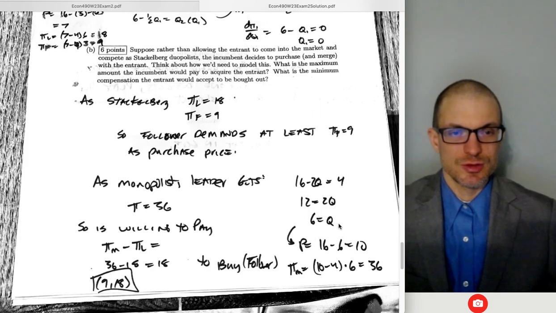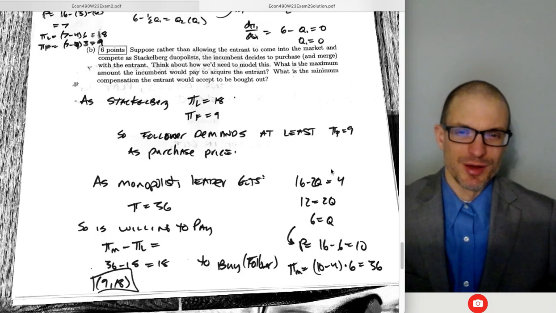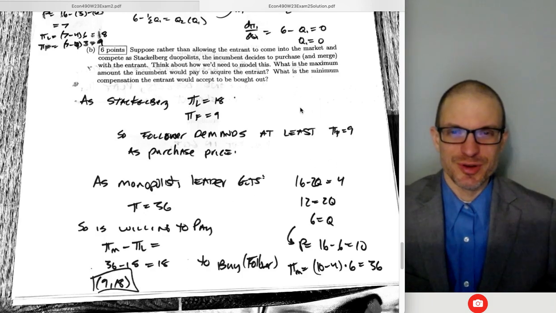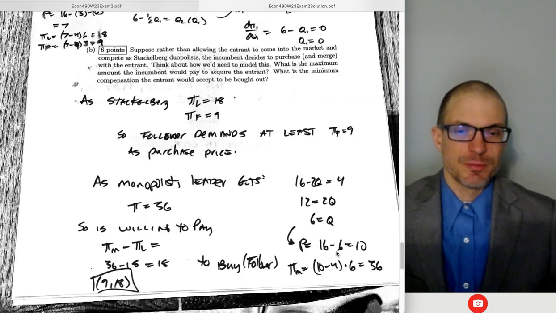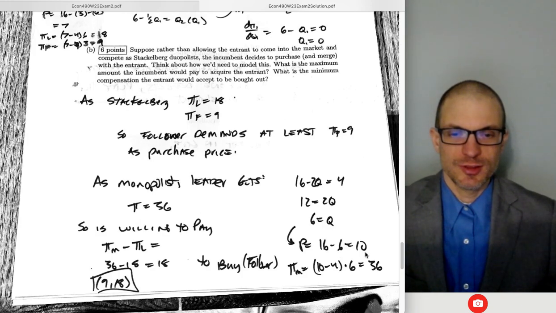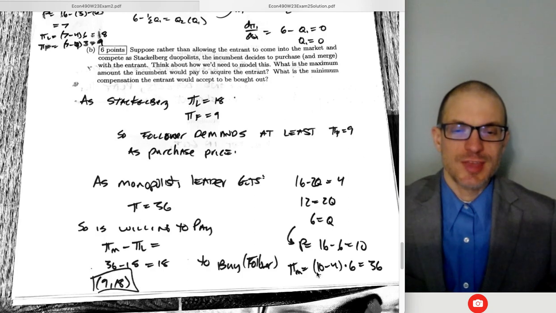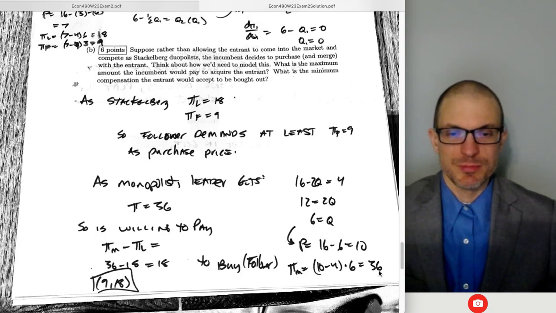Solving, Q is 6. We knew that from above, since the Stackelberg leader is going to produce the monopoly quantity. Anyway, we can find the price here. 16 minus 6 is 10. That's my monopoly price. 10 minus 4 is 6, times 6 is 36, my monopoly profits.